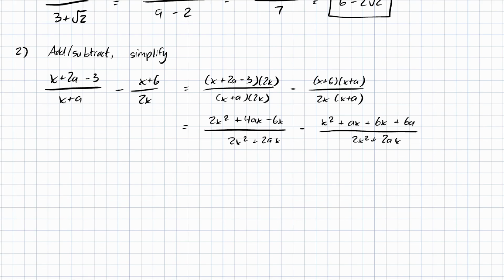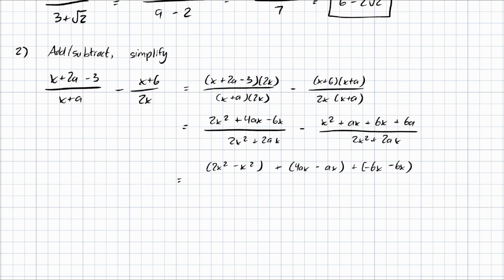Now we combine these together. 2x squared and x squared, we'll keep those together. With 4ax terms, we have 4ax minus the ax right here. For the 6x, we have the negative 6x over here and another negative 6x on the other side.